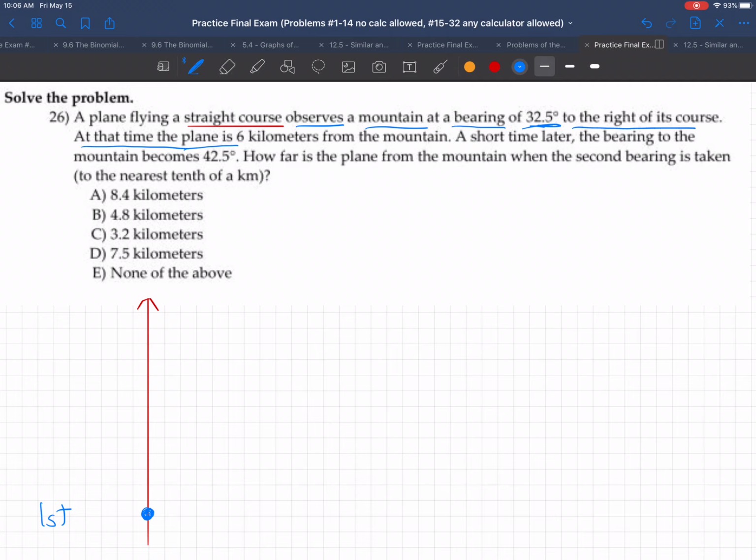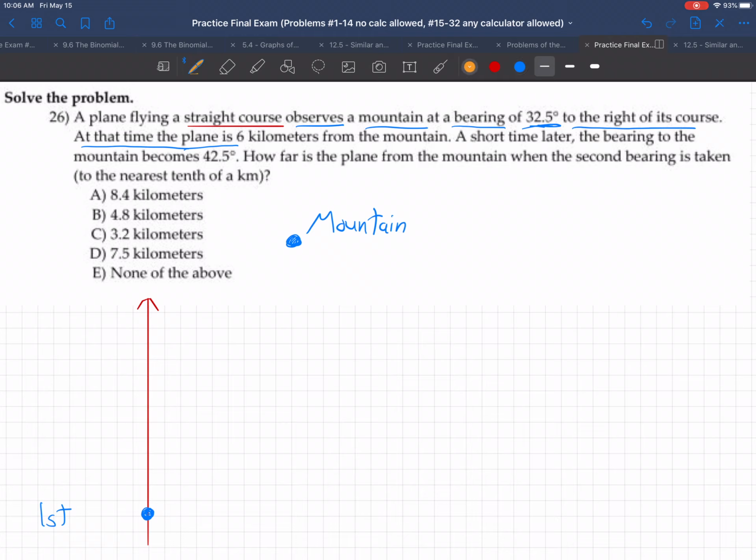So in other words, let's put the mountain right way over here. And that's 32 degrees to the right of its course.